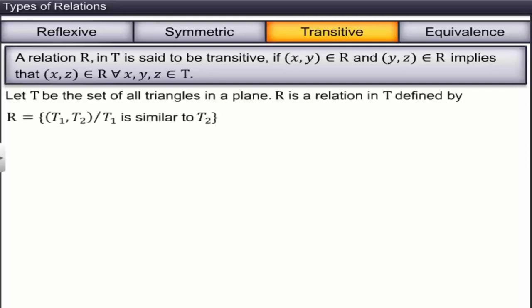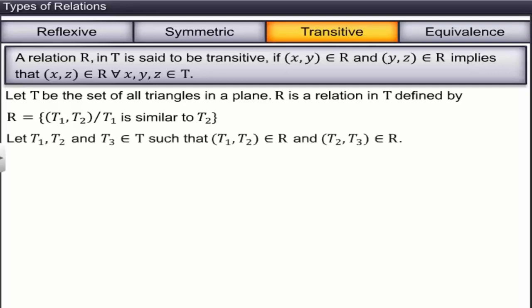Let's check the transitivity of the relation R in T, which is defined by the set of ordered pairs (T1, T2), such that T1 is similar to T2. Consider the ordered pairs (T1, T2) and (T2, T3) in set R. By definition, T1 is similar to T2 and T2 is similar to T3.